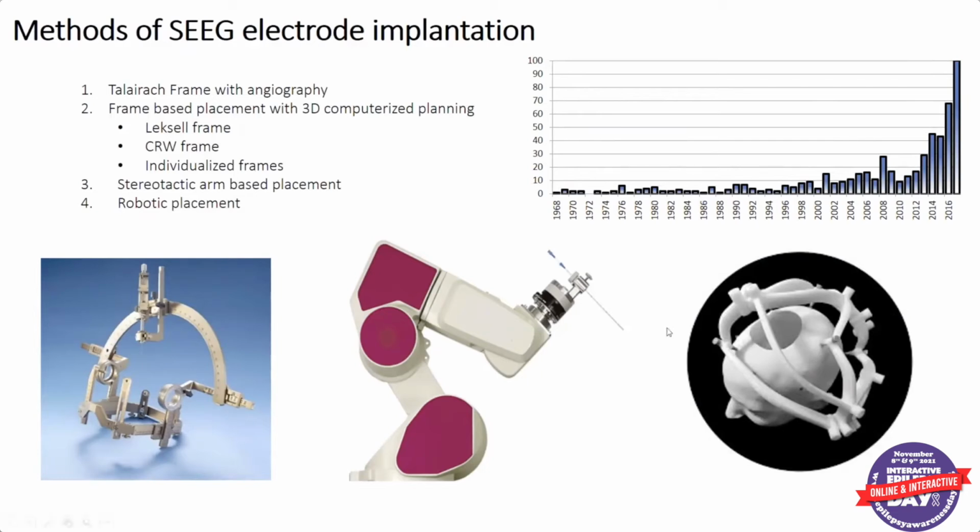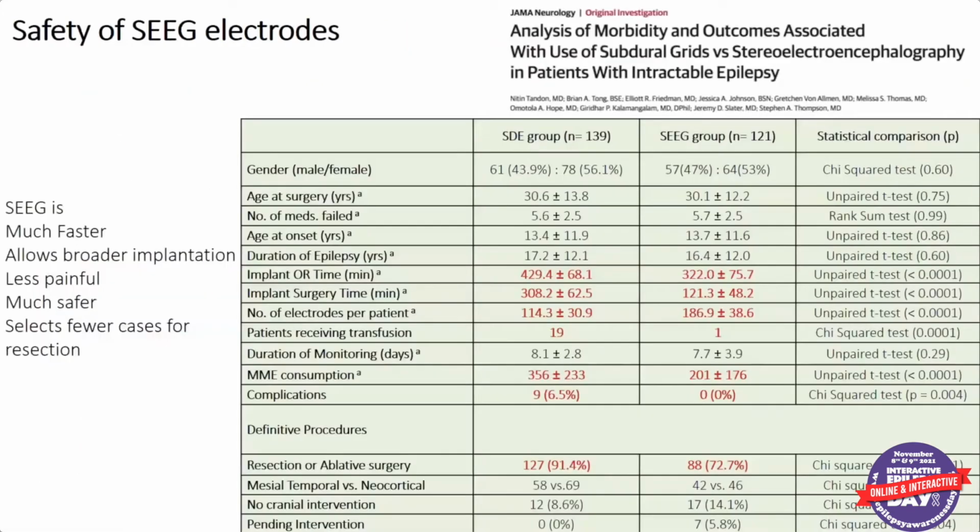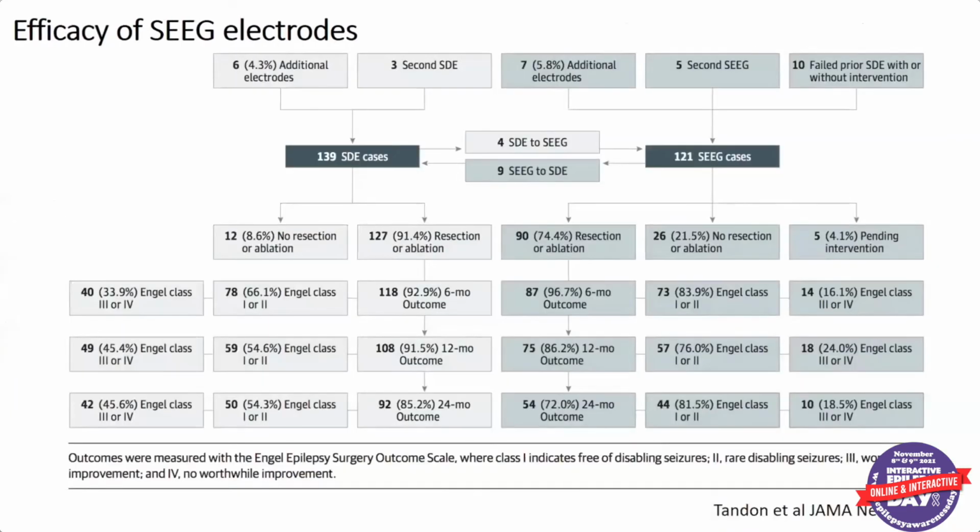On the top right here, you just see the number of publications resulting from SEEG and how they're rising exponentially over the last several years. We've published some of our own expertise in SEEG, comparing it with the more traditional subdural grid method. And we've shown that it's faster, it's safer, it is better tolerated by patients, and interestingly, is also more effective at localizing seizure foci globally, not just in PVNH.